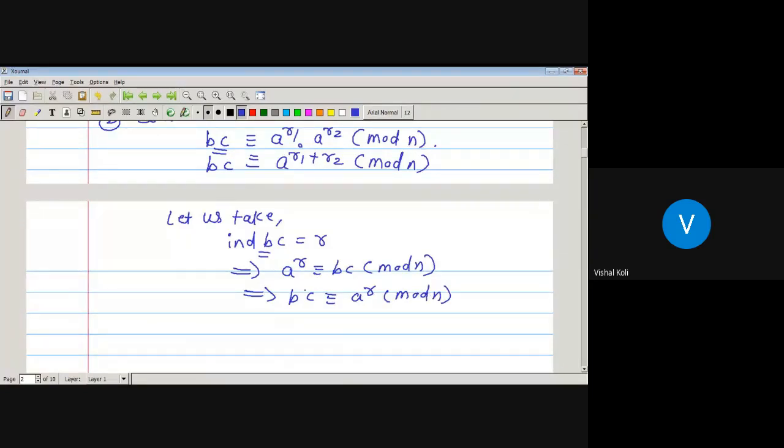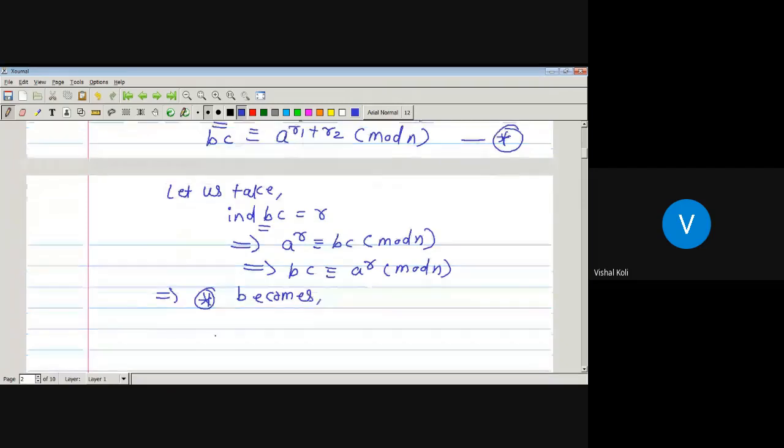Okay, so now just put the values. This b into c is congruent to a to the power r modulo n in this star. Then we get b into c is nothing but a to the power r, which implies star becomes a to the power r congruent to a to the power r1 plus r2 modulo n.